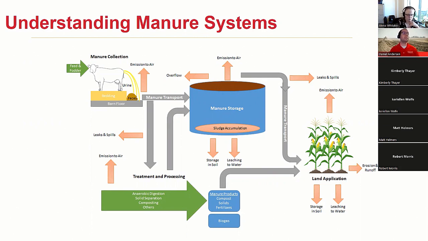For example, in the early 2000s, Denmark passed a law that said you're going to put a cover on your manure storage. So they went out to their manure storages and put an impermeable cover on top, and that did a great job of limiting how much ammonia came off the manure while it was stored. That's a good thing. I think we can all agree to that. Unfortunately, they didn't do anything with the land application side.